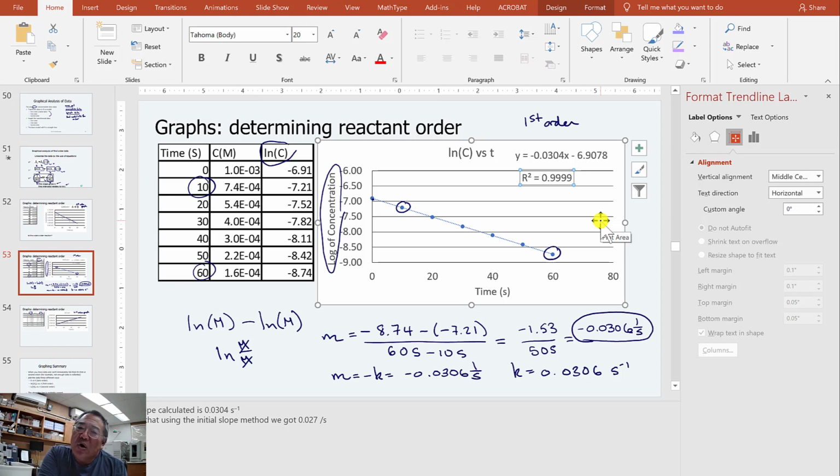Now, there's a thing called an R value, and that actually has a range of values from plus 1 to minus 1, but we square it sometimes just to make the analysis easier. The closer the value R squared is to 1, the better it fits a straight line model.